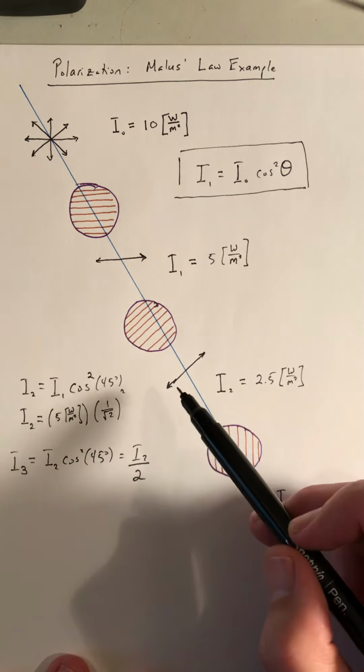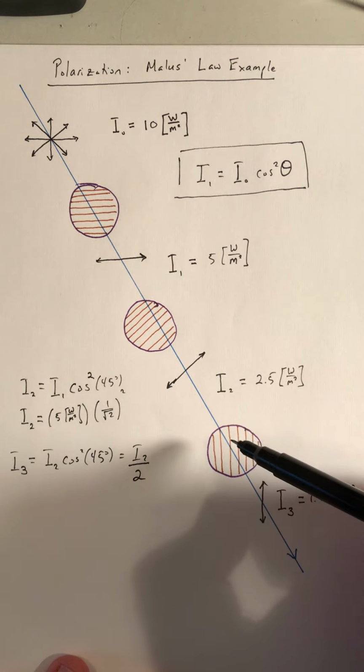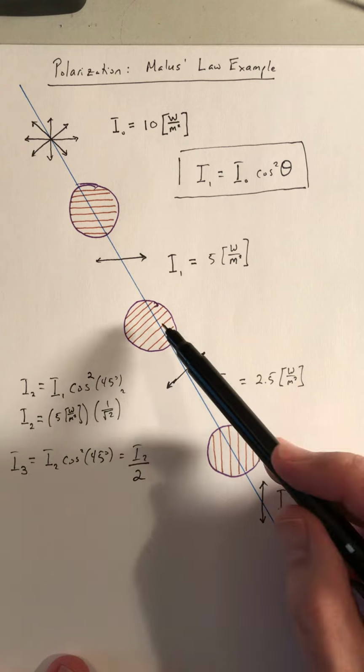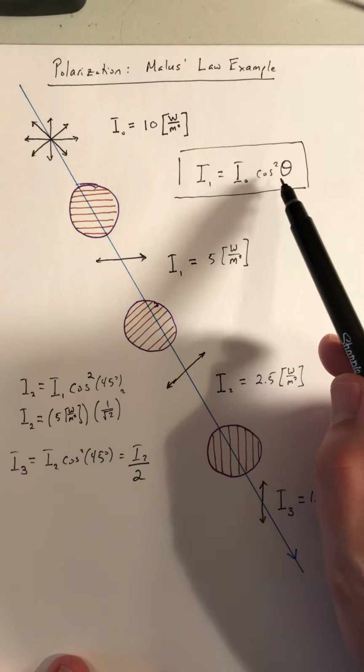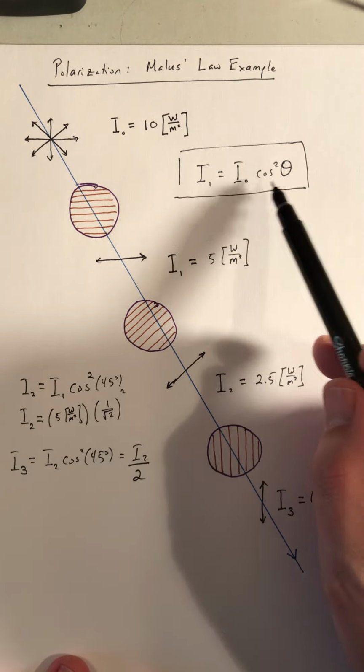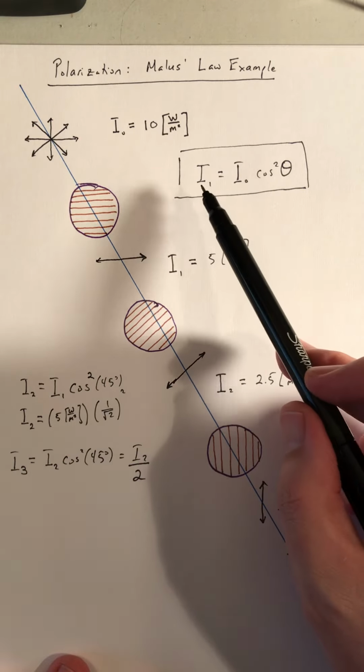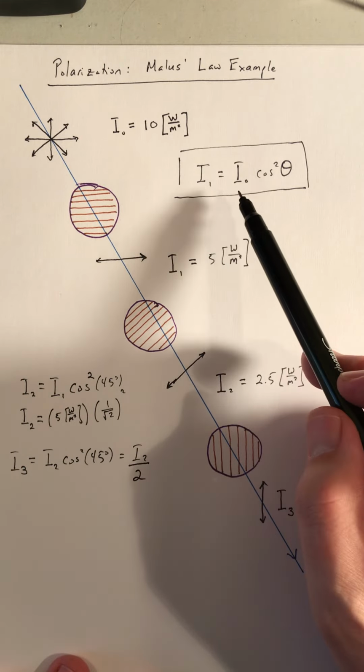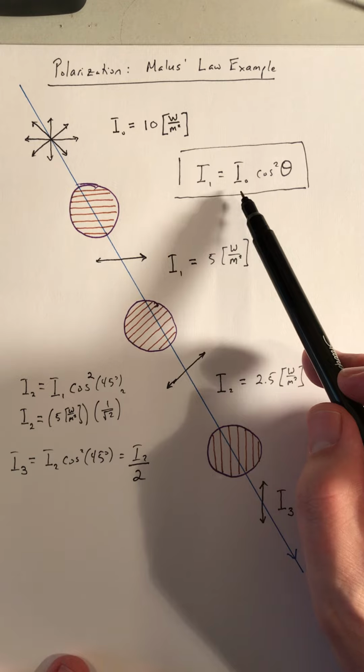If the plane of polarization and the plane of the polarizer are the same, then theta is equal to 0 and cosine of 0 is 1. So the transmitted intensity will be the same as the incident intensity.